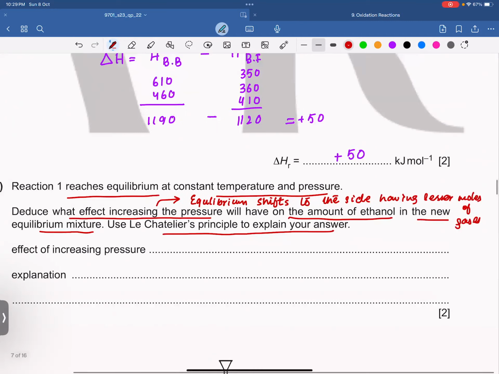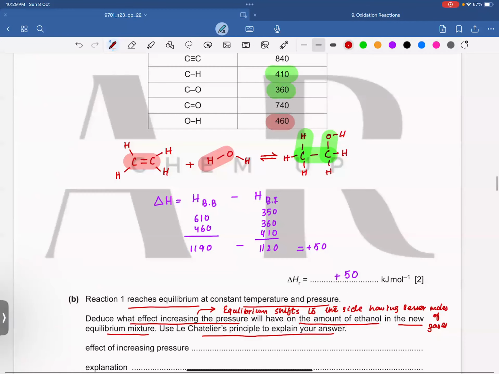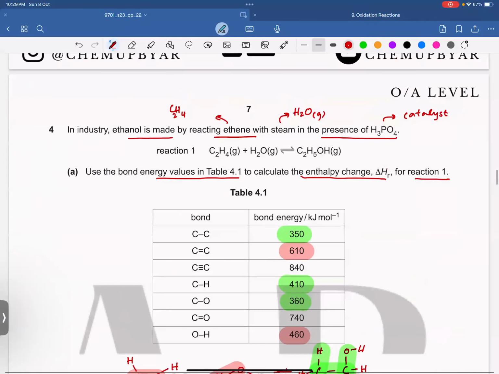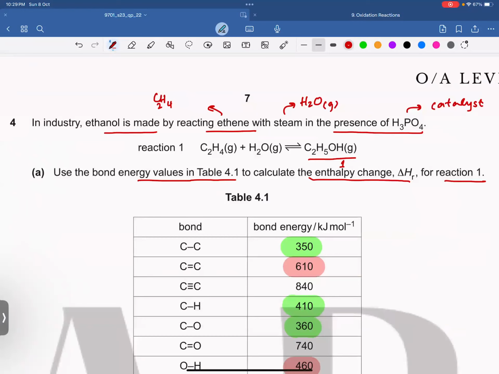So if we see over here, on the product side we have 1 mole of gas, and on the reactant side we have 2 moles of gas. Which means increasing pressure shifts the equilibrium towards the right hand side, and as a result, the amount of ethanol will increase. Is this understandable?